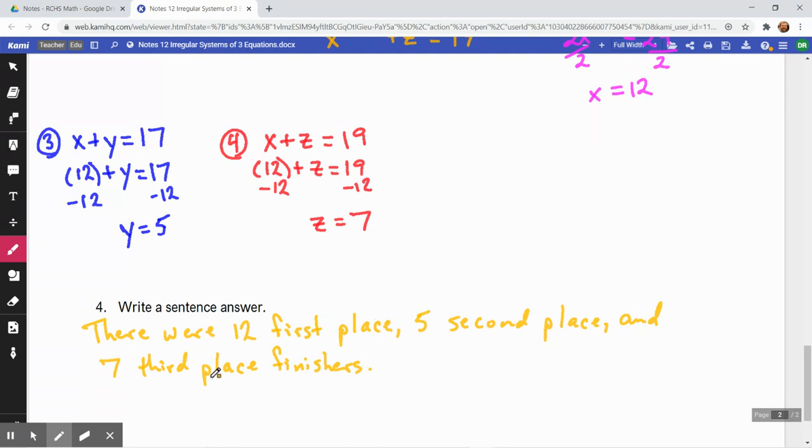Now, one other thing I encourage is that you make sure your results to an application make sense. Do these numbers make sense in terms of these races that we're having in the swim meet? And you might say no. Why would there be so many more first place finishers than second place finishers? And why are there more third place finishers than second place finishers? How's that possible?